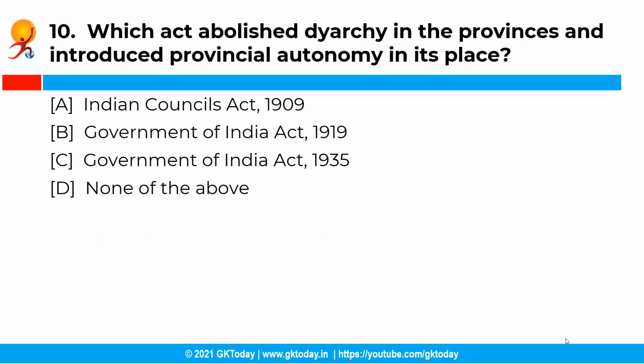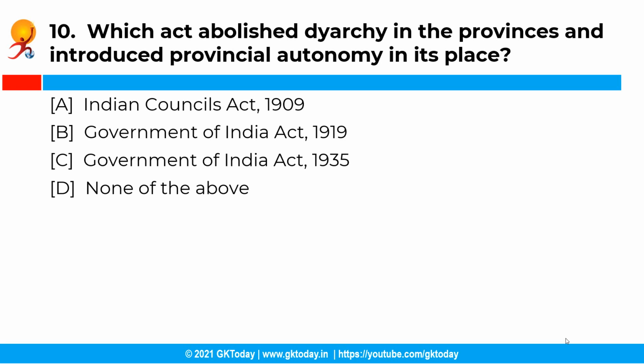Now the next question is, which act abolished diarchy in the provinces and introduced provincial autonomy in its place? Now your options are: A, Indian Councils Act of 1909; B, Government of India Act 1919; C, Government of India Act 1935; and D, none of the above.